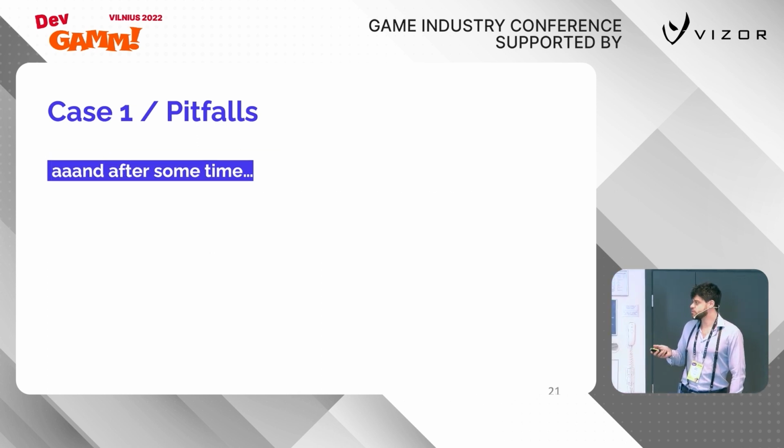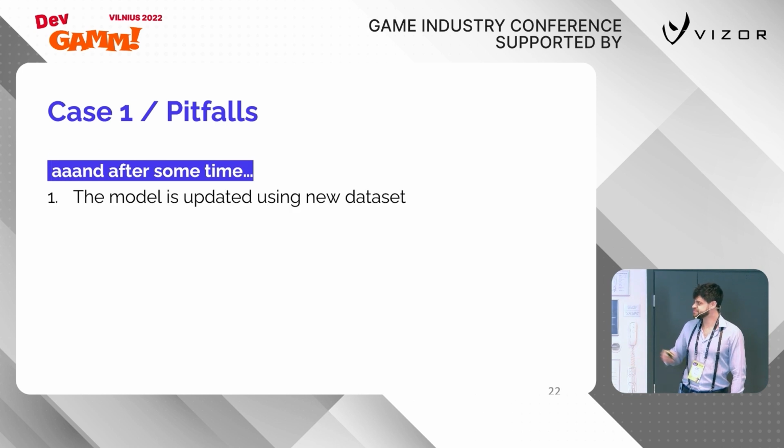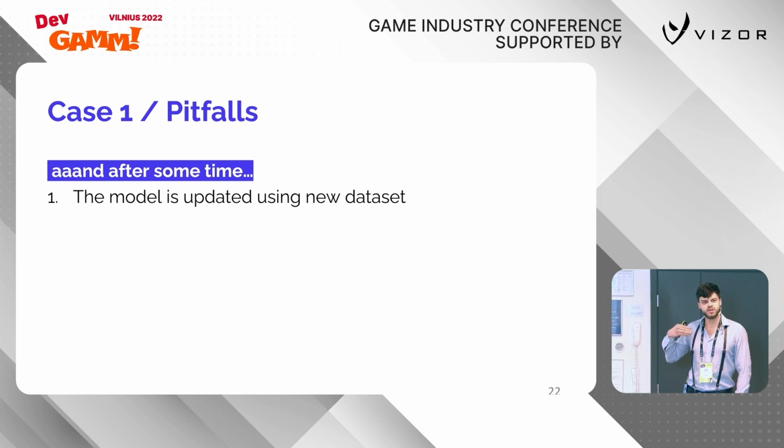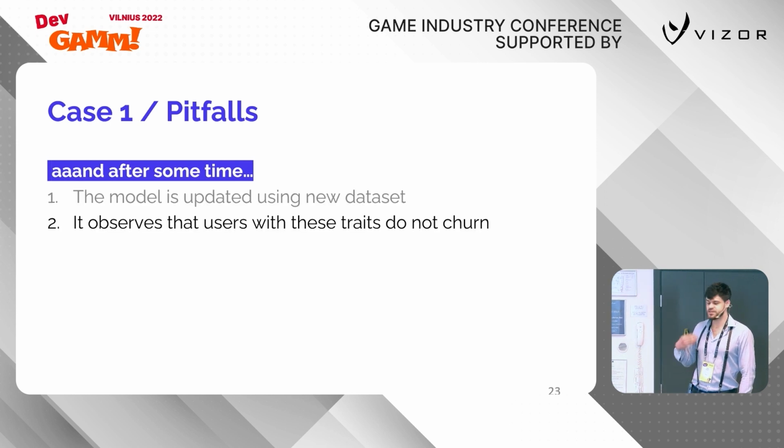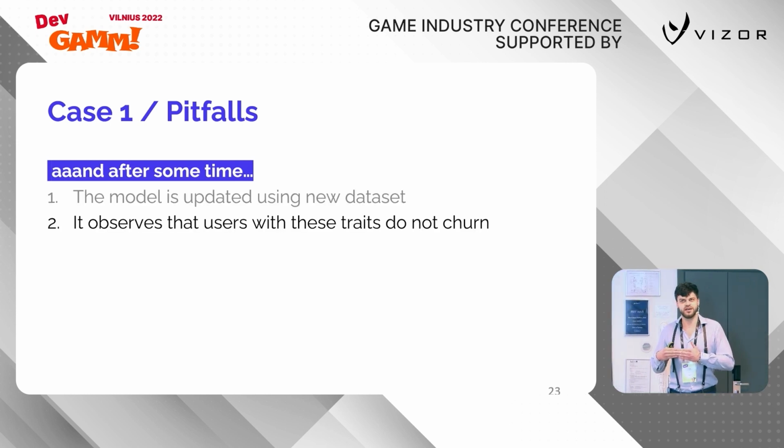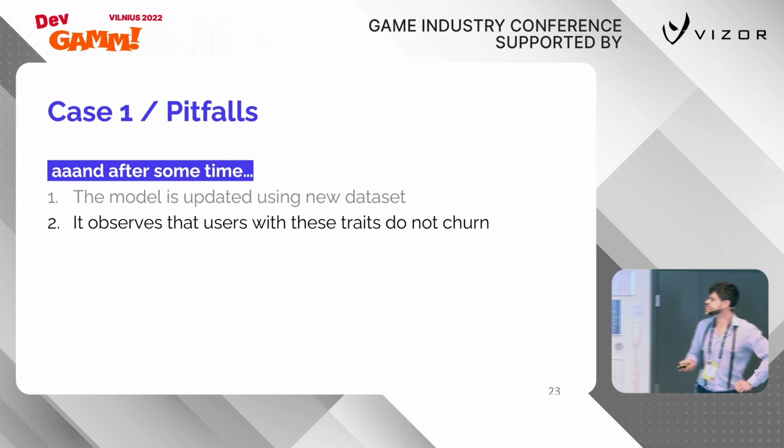So what happens next? After some time, we will update the model. And of course, we will update it using this new data set, and this new data set will have these users who had received these gift items recently, right?